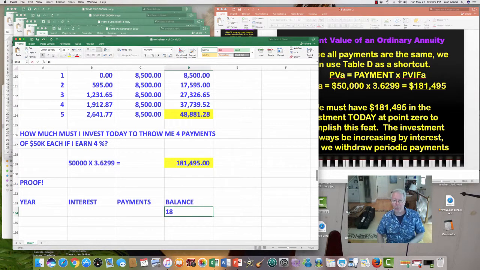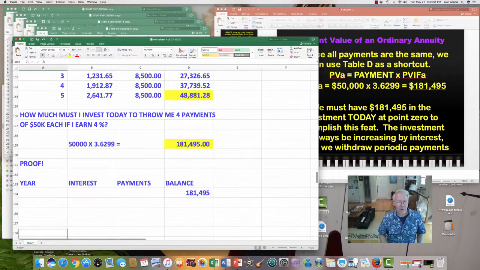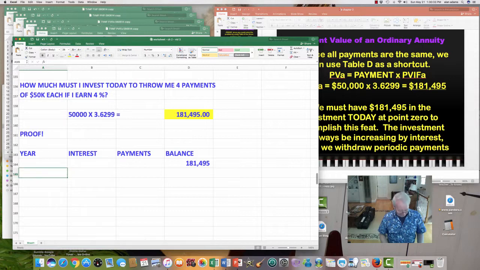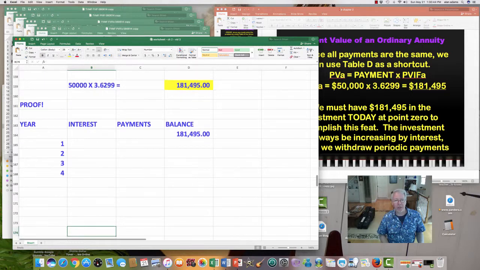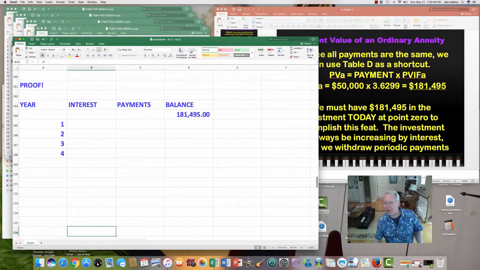Okay, now we're going to start with $181,495. Okay, all right. This is going to operate for 4 years, 1, 2, 3, 4, just like that. And once again, I'm going to put pennies on this thing. I don't like using pennies, but sometimes it helps you understand the rounding differences and the degree of accuracy.